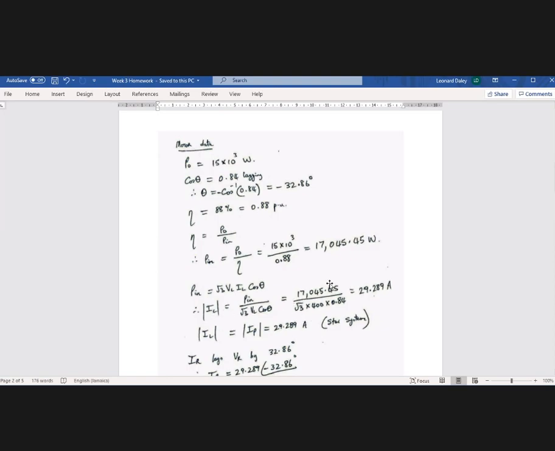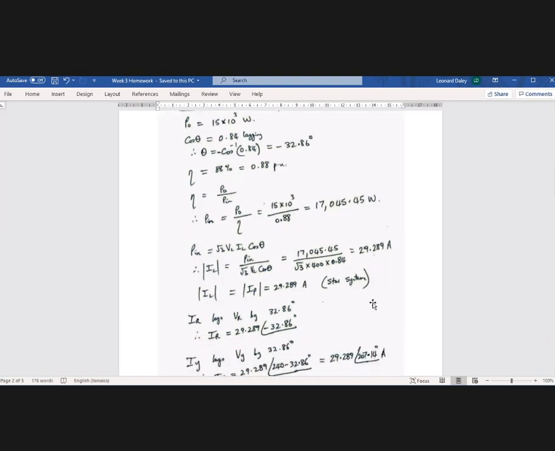But still you will find that there may be some slight errors because of rounding off. So IL is P in divided by root 3 VL cos theta. So I find the magnitude of IL. And the magnitude of IL is equal to the magnitude of I phase, since it's a star system. I line equals I phase.